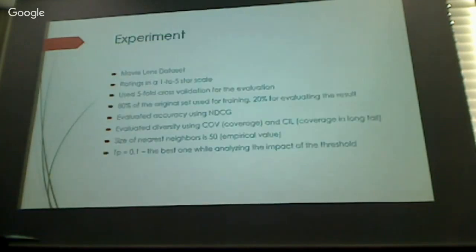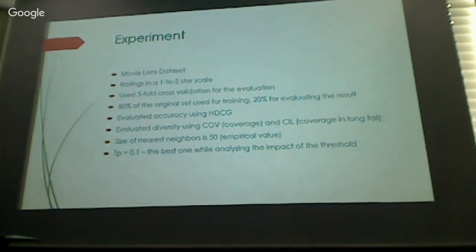So what they do, they use this MovieLens data set, where they have a lot of movies and a lot of ratings made by the users. The ratings are on a 1 to 5 star scale. They use 5-fold cross-validation for the evaluation, and they use 80% of the original set for training and 20% for evaluating the result.